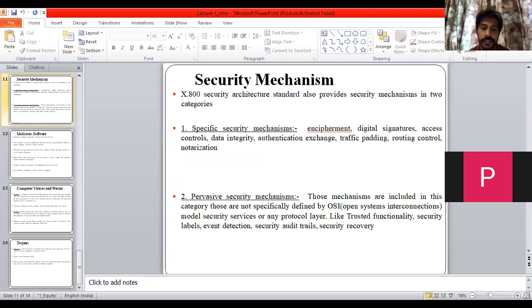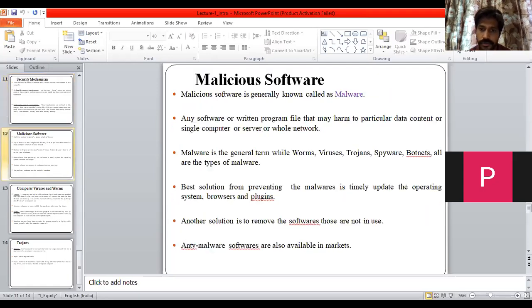Digital signatures, so we will see how digital signatures can be performed, along with some other authentication techniques like MAC and hash algorithms. So these are the basic things.